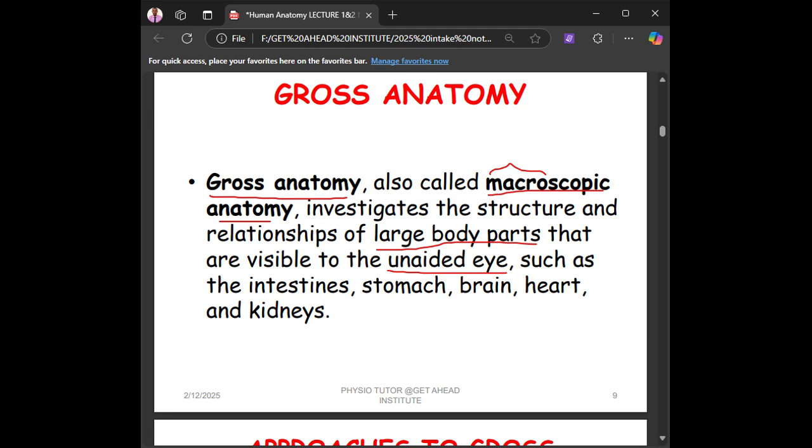In these macroscopic investigations, the preserved specimens or their parts are often cut open or dissected in order to be examined efficiently and effectively.